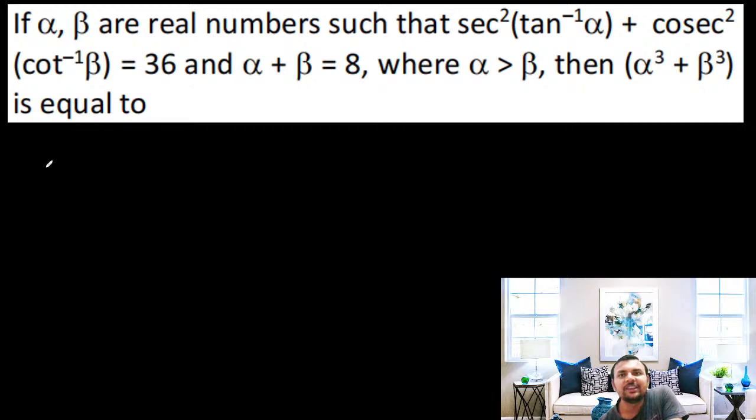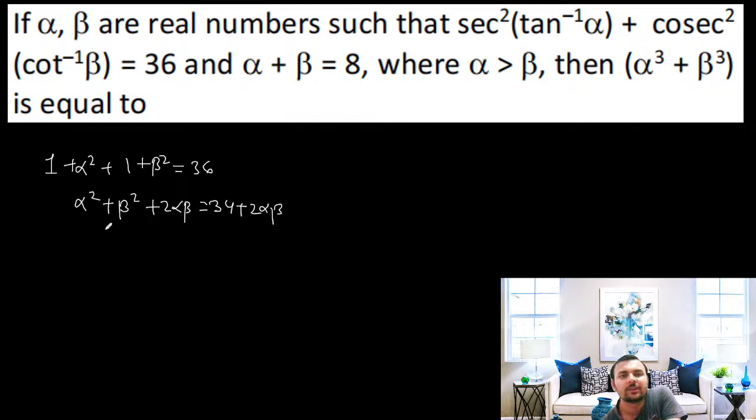Alpha beta are real numbers such that, so this is previous paper repetition. We can write it as 1 plus alpha square, 1 plus beta square equal to 36, alpha square plus beta square plus 2 alpha beta both the sides is 34 plus 2 alpha beta. This is alpha plus beta whole square, which is 64 minus 34 equal to 2 times alpha beta.